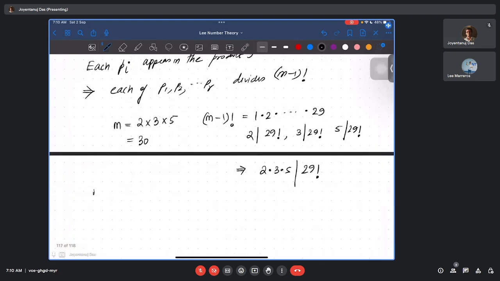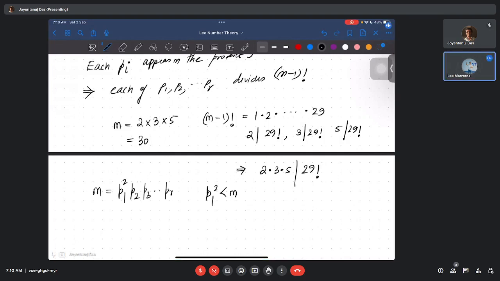Suppose, just for an example, I'm taking that m equals p1 square times p2, p3, and like this up to pr. So at least one factor has a double appearance, right? Since each of the terms is less than m, p1 square is also less than m, right?